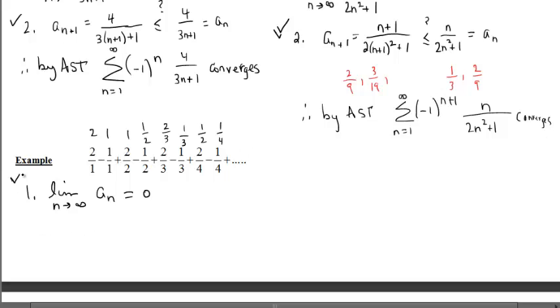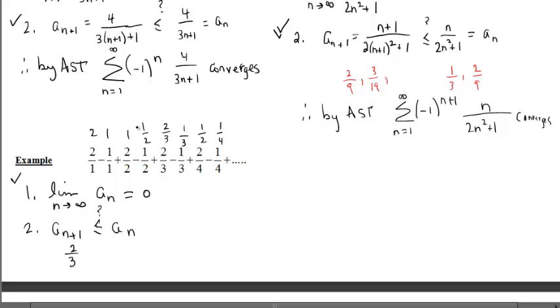All right. So now the next thing to check is, are the terms getting smaller? Is it true that a sub n plus 1 is always less than or equal to a sub n? Well, no, we can find a counterexample. So 2/3.